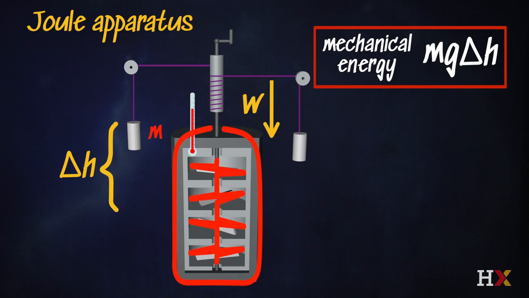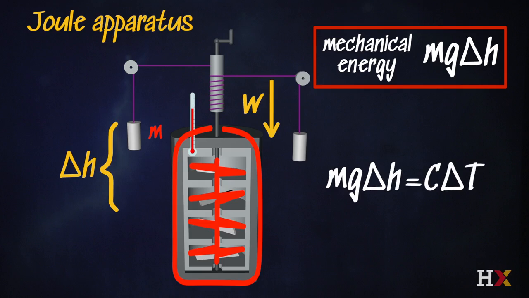And then he could equate the mass times the acceleration of gravity times the change in height to a proportionality constant times the change in temperature. And that proportionality constant was the heat capacity.